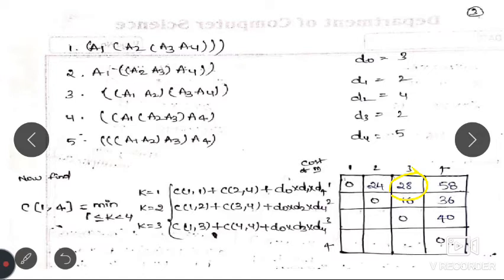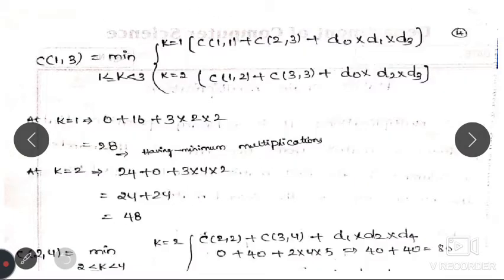Now we find cost of 2 comma 4. Cost of 2 comma 4, i value 2, j value 4. Here we have 2 k values, k equal to 2 and also 3. For k equal to 2, cost of 2 comma 2 is 0, cost of 3 comma 4 is 40, d1 is 2, d2 is 4, d4 is 5.